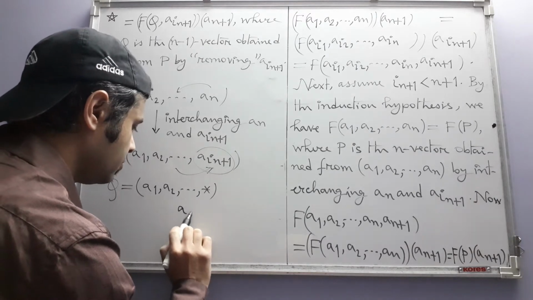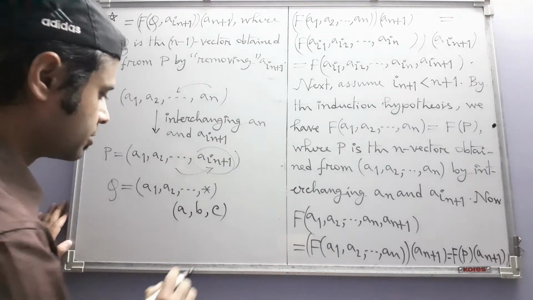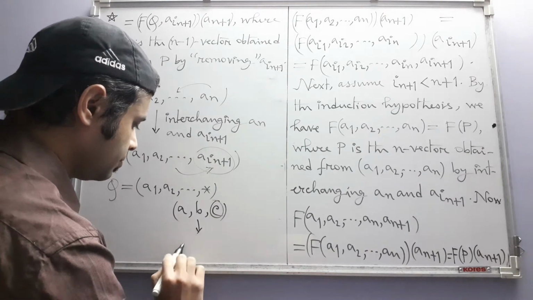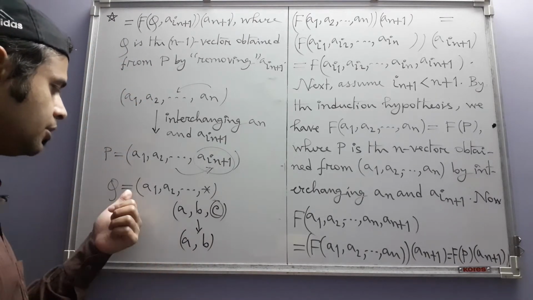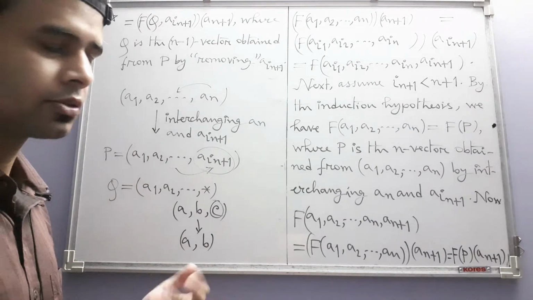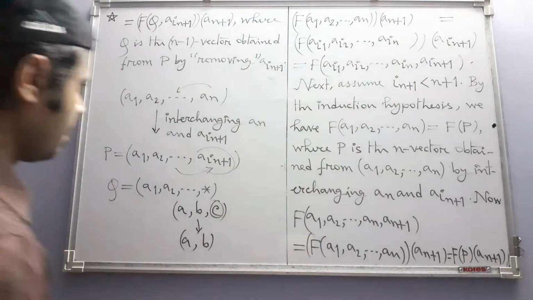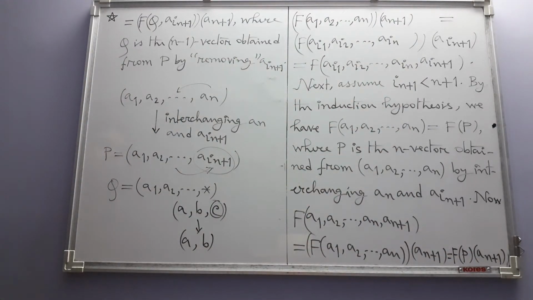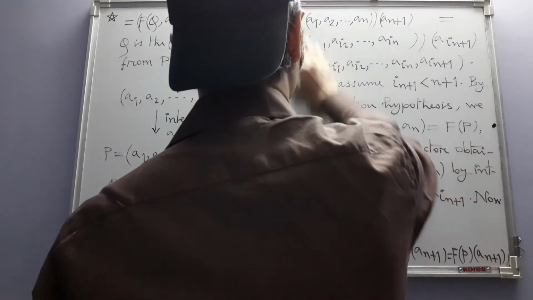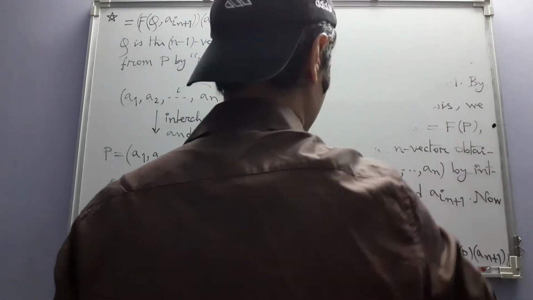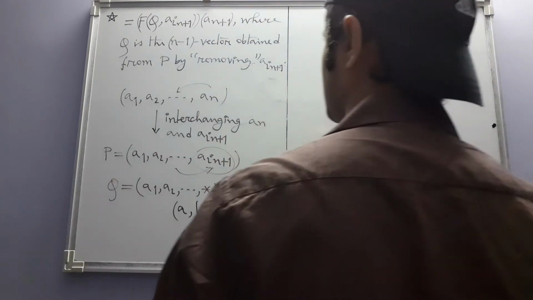For example, if you have this 3 vector of 3 objects and you remove C, then you are left with this 2 vector. That's how we obtain Q from P. Okay. Let's keep this. Okay.